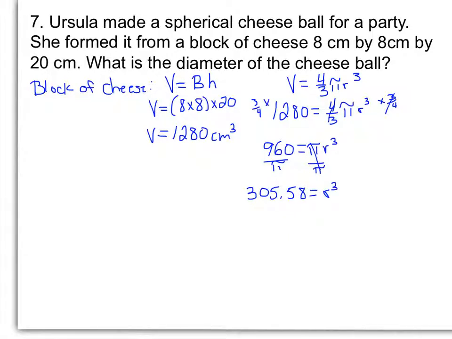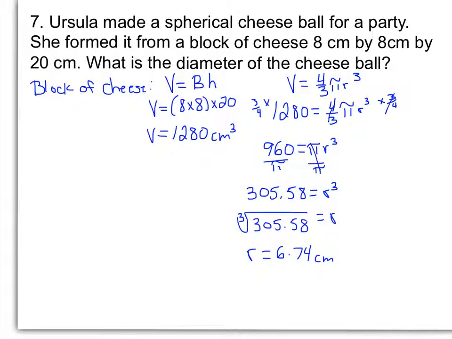as our radius cubed. Then to solve for r, we need to take the cube root of 305.58 as opposed to just taking the square root. If you take the cube root of that on your calculator, you get that the radius is about 6.74 centimeters.